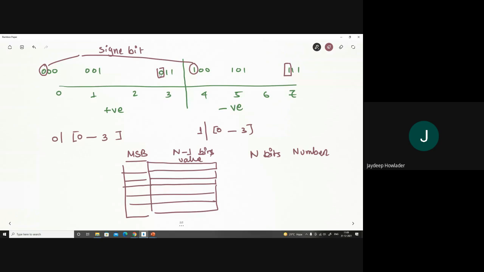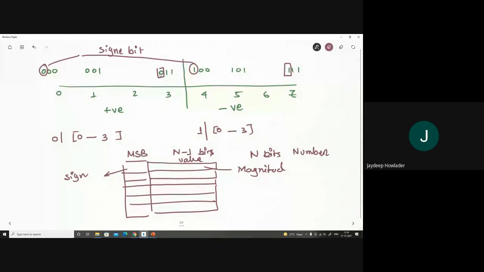The most significant bit is the sign bit, and depending on this sign bit, the rest of the bits are the amplitude, or magnitude. This determines the magnitude, and this determines the sign. Do you get this point?